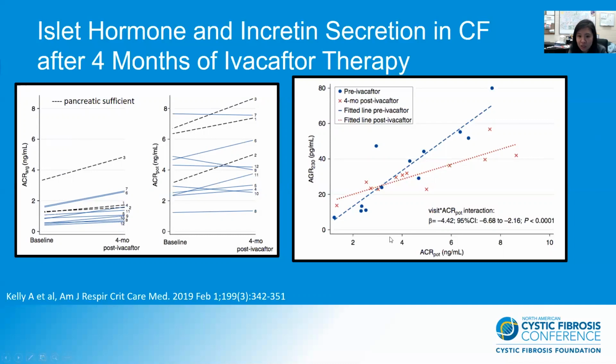The right panel shows data points from pre-ivacaftor and post-ivacaftor in red, along with their blue pre-treatment line and red post-treatment fitted line, indicating the relationship between inhibition of glucagon and the acute C-peptide response under hyperglycemic clamp conditions.